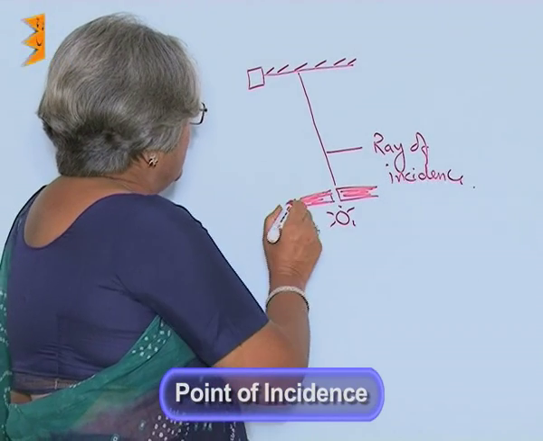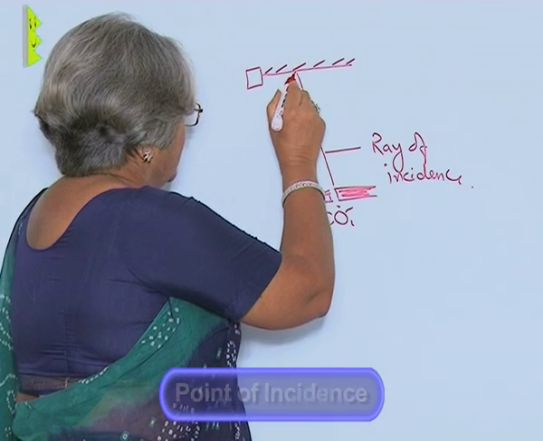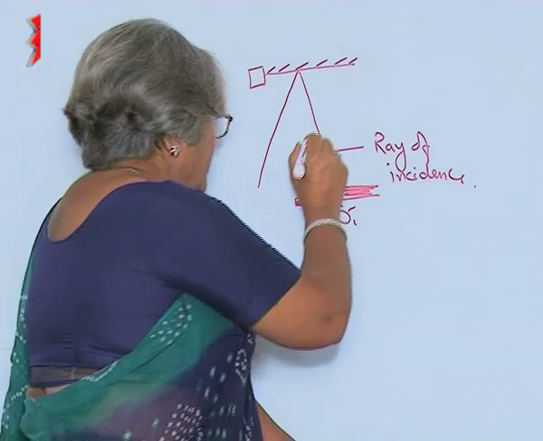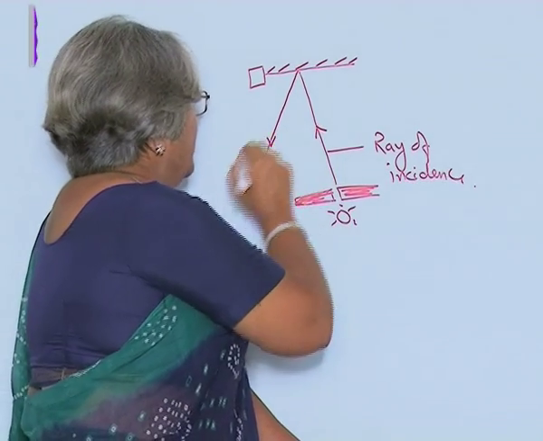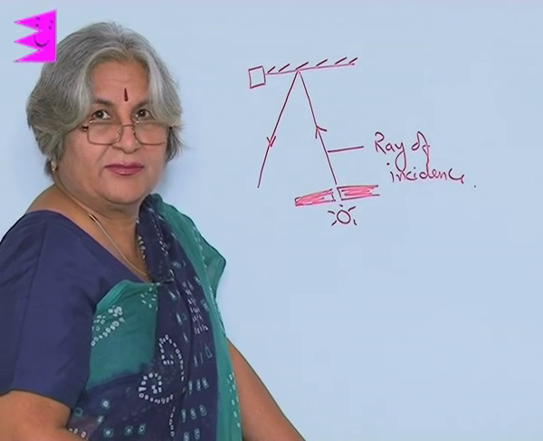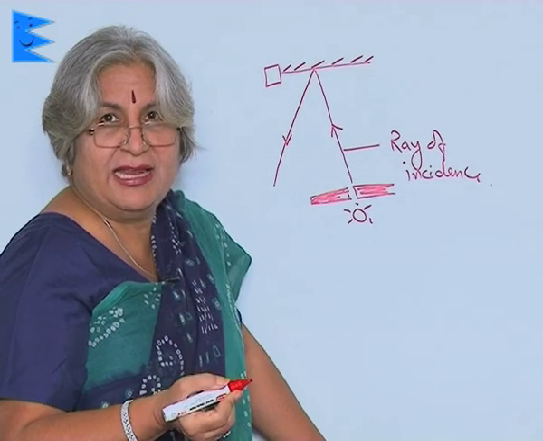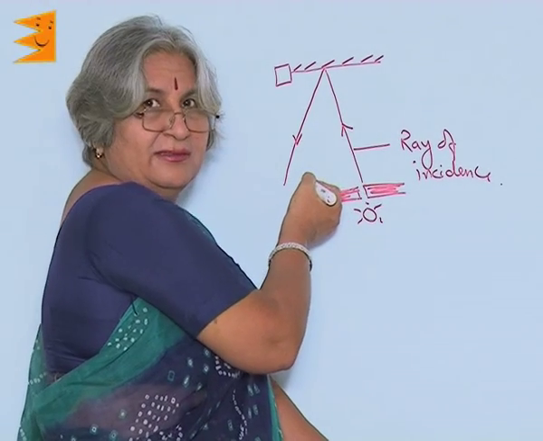Now what you are able to see is that this ray comes back. So, this ray is falling on the mirror and this ray is coming back. So, what has mirror done? It received the ray of light and then changed its direction.